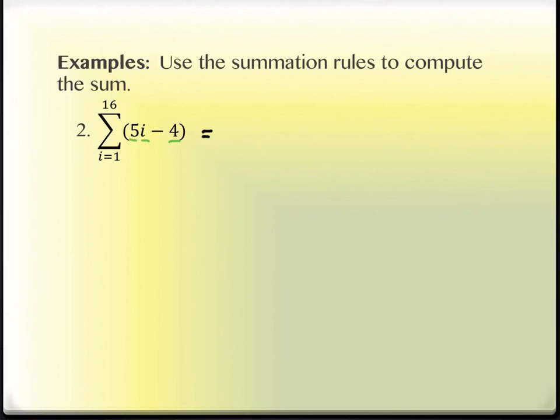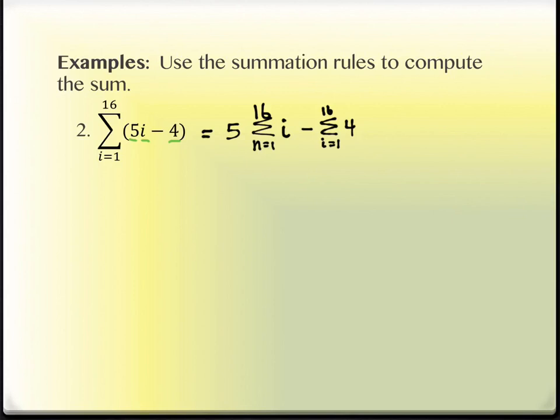Well, the first thing is that we pull the 5 out into the front of the summation. My i equals 1 to 16, 16 is still here, and I have an i here. And then there's a subtraction sign, and then I separate the summation for the second piece, which is i equals 1 to 16, excuse me, of 4.